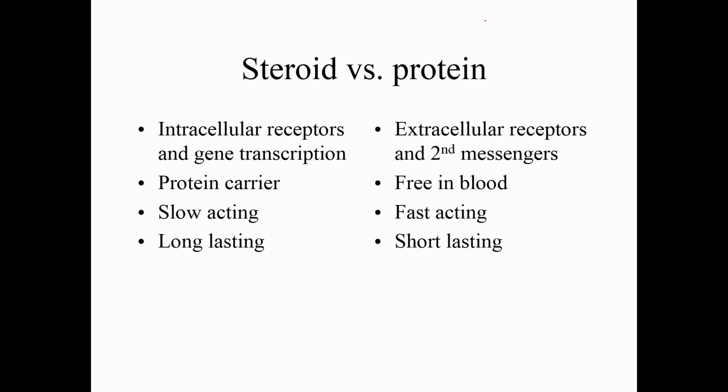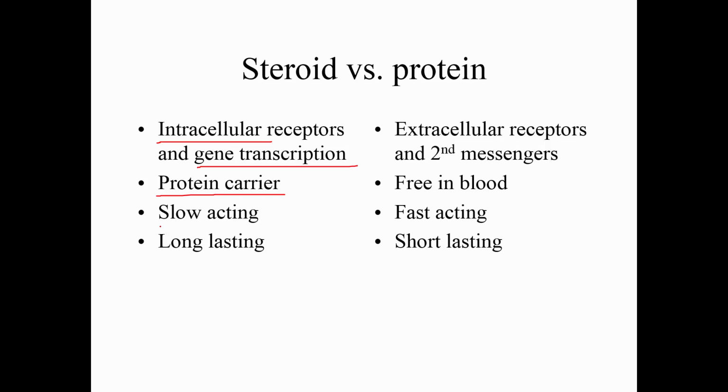If we sort of summarize steroids versus proteins, a steroid is going to work on an intracellular receptor, usually an intranuclear receptor even, to promote gene transcription. It's carried around on a protein carrier, which slows its ability to be broken down.